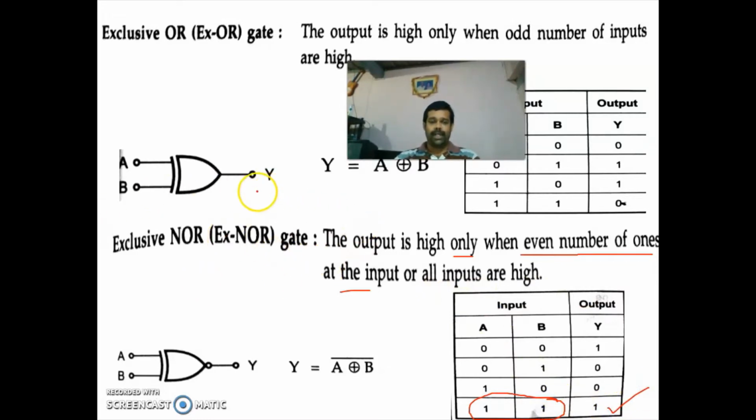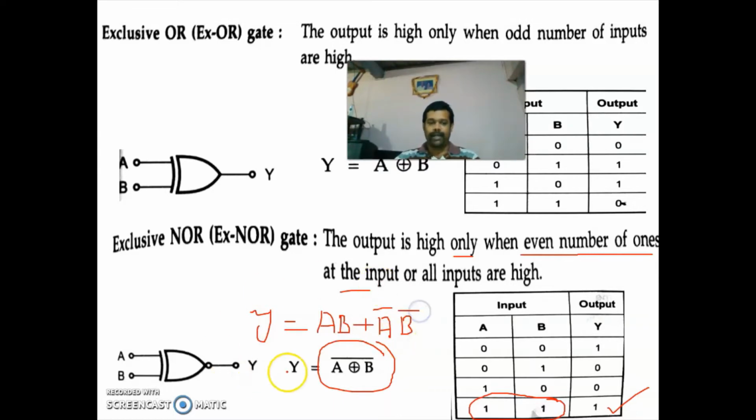So what is exclusive NOR? When you connect one NOT gate to the output of your exclusive OR, you'll get the exclusive NOR gate, and this is the symbol for exclusive NOR. The expression we can write like this: Y is equal to A B plus A bar B bar.